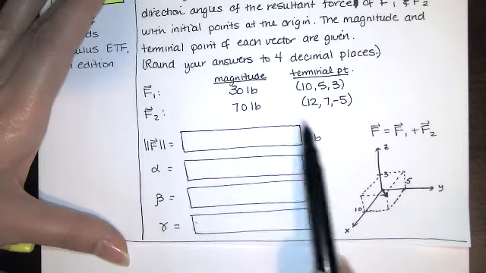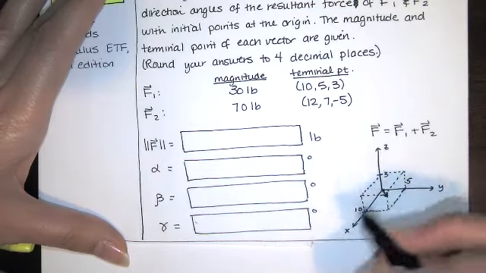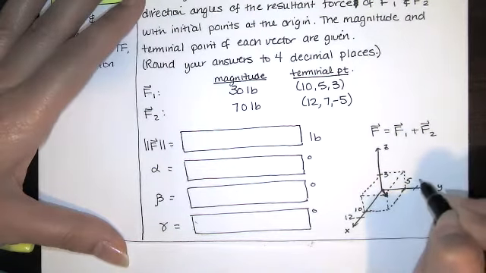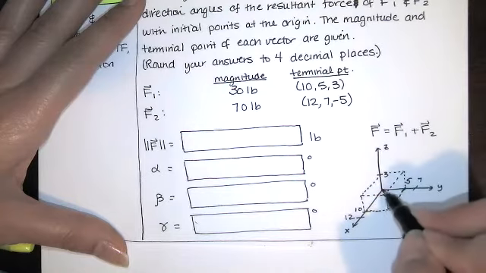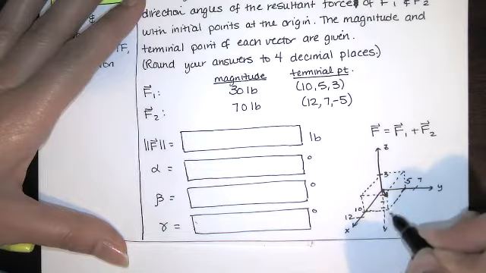Meanwhile, there's another force. It's acting along a different line segment. We want to go 12 units in the x direction, 7 units in the y direction, and then -5 units in the z direction. So we want to go down 5 units.